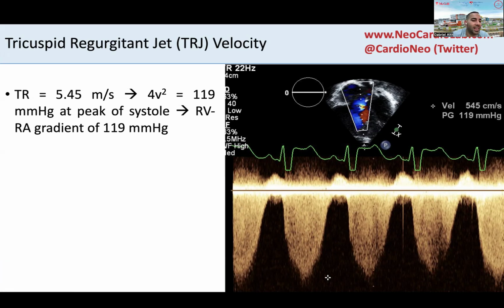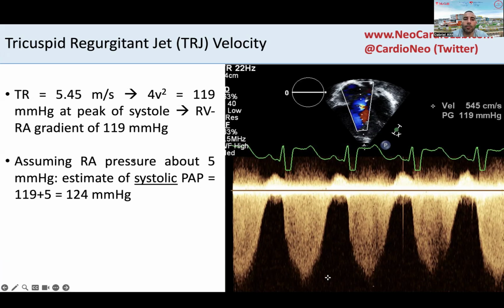There are obviously many caveats to this concept of Bernoulli, but theoretically, the pressure gradient is converted via 4 times velocity squared. Here you're obtaining a Doppler through this tricuspid regurgitation, which tells you that the speed of regurgitation occurs at 5.5 meters per second. If you put it in this equation, it tells you that there's a pressure gradient between the RV and the right atrium of a peak of 119 millimeters of mercury at the peak of systolic contraction.